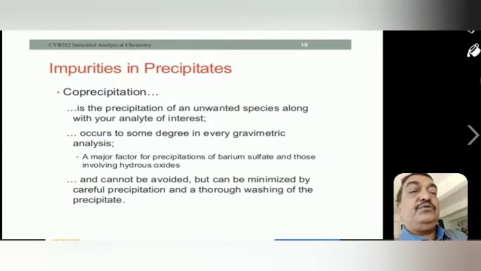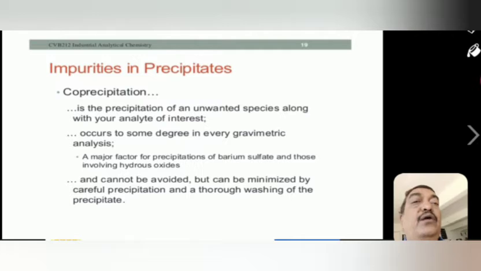Therefore, one has to take care to avoid co-precipitation, that is, side precipitate formation, by taking the purest sample in good quality water or in good conditions, with temperature increase and pH control, and the entire process is to be carried out systematically.